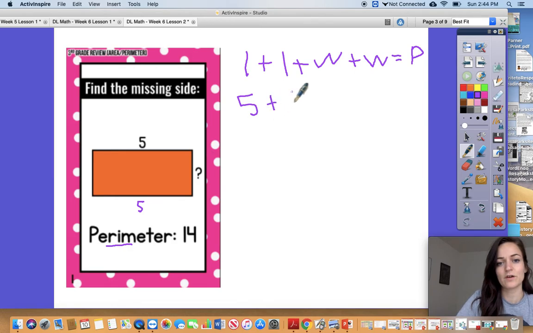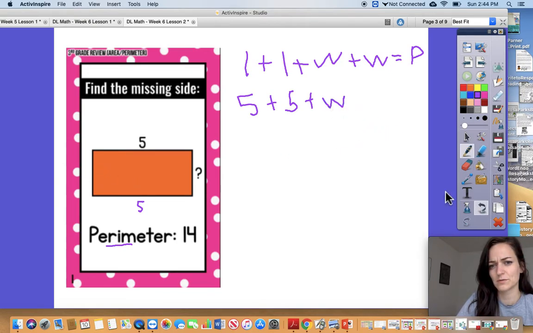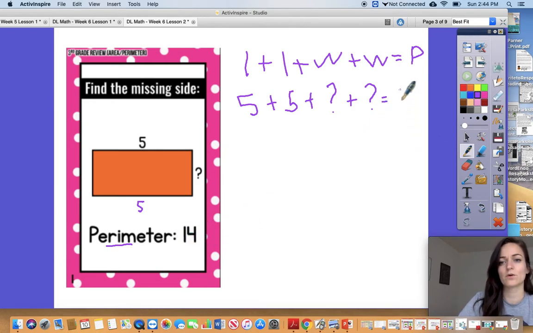So 5 plus the width, and I don't know the width, so I'm going to put a question mark because I don't know those sides. And then I do know my perimeter. They told me that my perimeter is 14. They didn't say centimeters or inches, so we'll just say the word units. Units is kind of a general term.